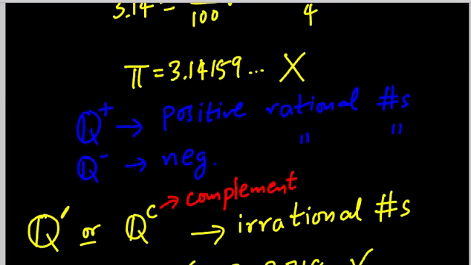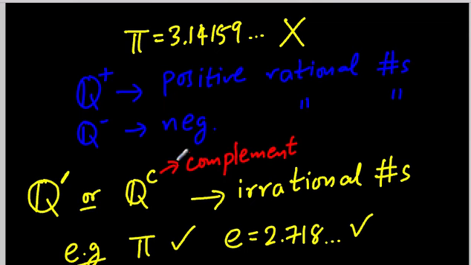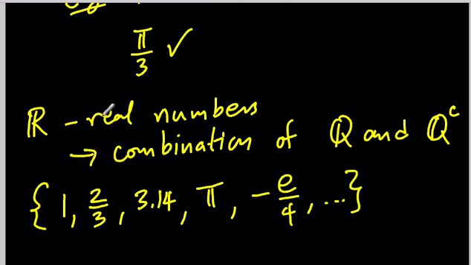The rational and irrational numbers will never have any numbers in common. They're completely separate. So it's important to remember that the natural numbers are embedded inside the integers, which are embedded inside the rational numbers, and the irrational numbers are completely different from anything inside the rational numbers. The combination of both the rational and the irrational makes up the real number system, which is this over here.